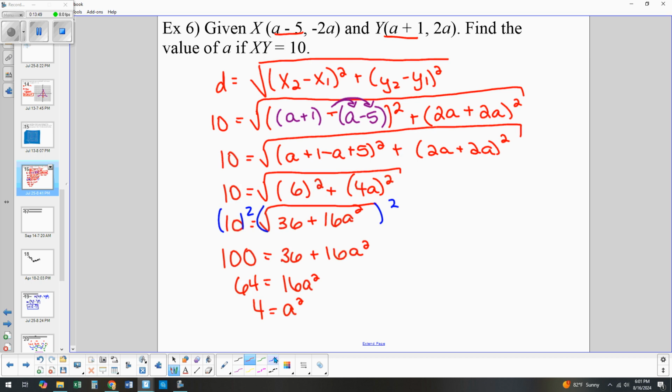And last but not least, I will take the square root of both sides so that a is equal to, and now here's the thing, both positive 2 and negative 2 will work because we're not talking about this being a measurement, a length. We're talking about this being an ordered pair, a coordinate, and coordinates are allowed to be positive and negative. So both will work in this scenario.